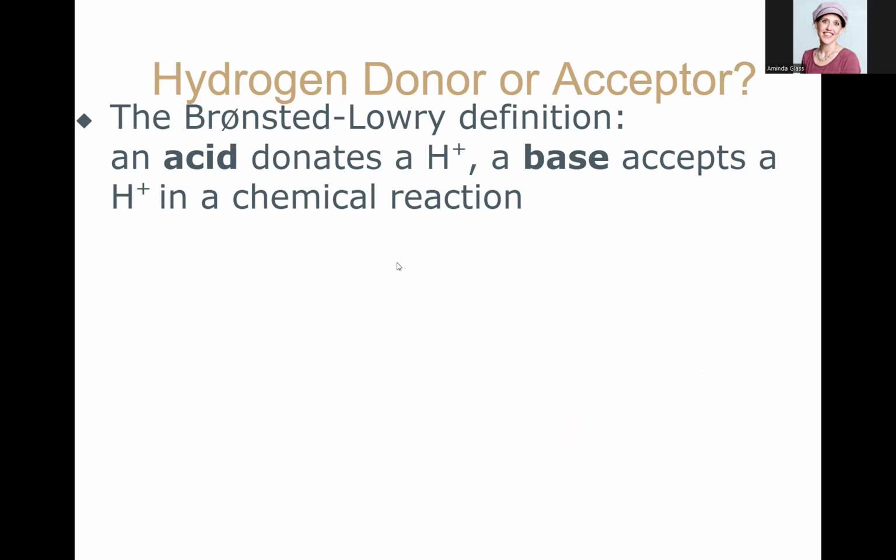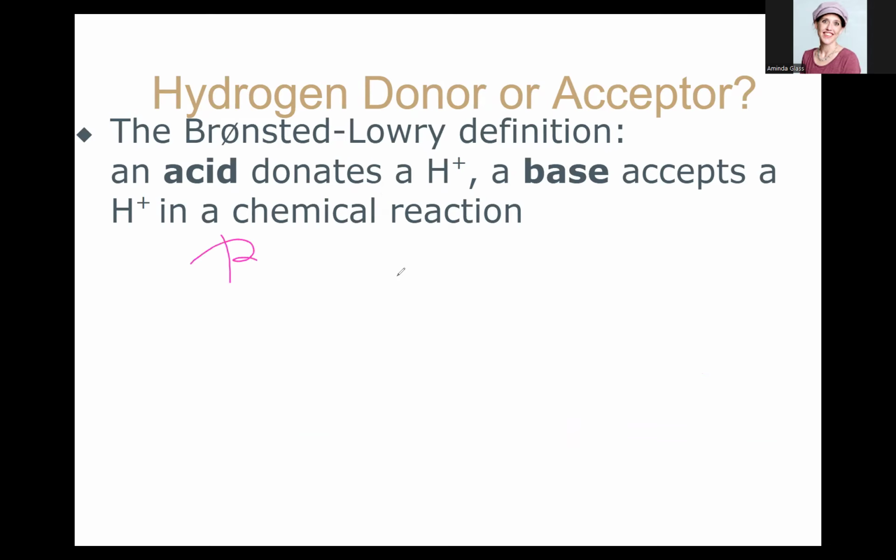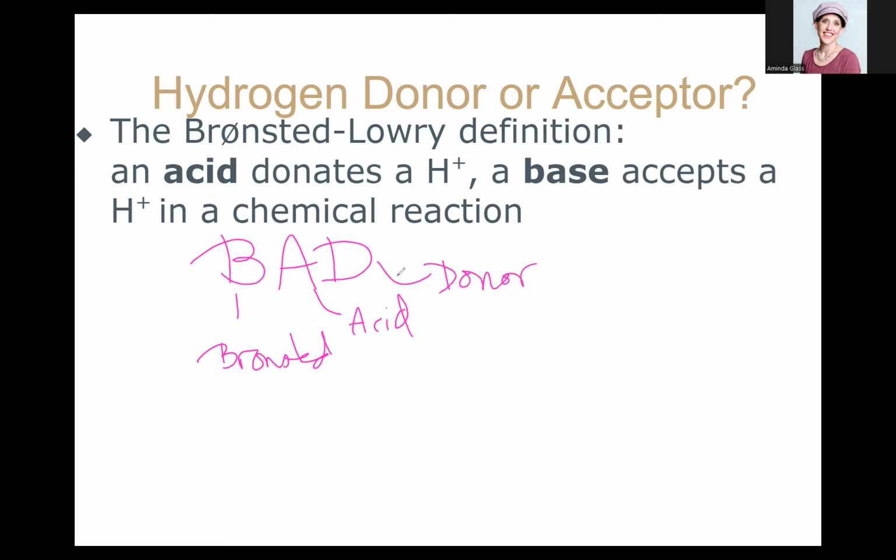So the way I remember it, again, I do little things to help me remember, is BAD: Bronsted acid donor. So if I remember BAD, Bronsted acid donor, the acid donates the hydrogen ion. The base accepts a hydrogen ion.